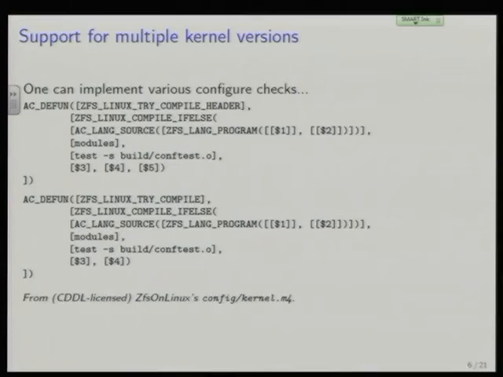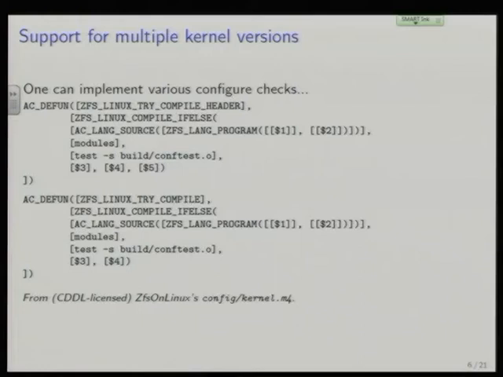As you can see, basically, these macros are pretty simple. They try to compile some code snippet, and if it works, they execute one branch, usually setting up some autoconf variable, and if it doesn't, they execute another branch.